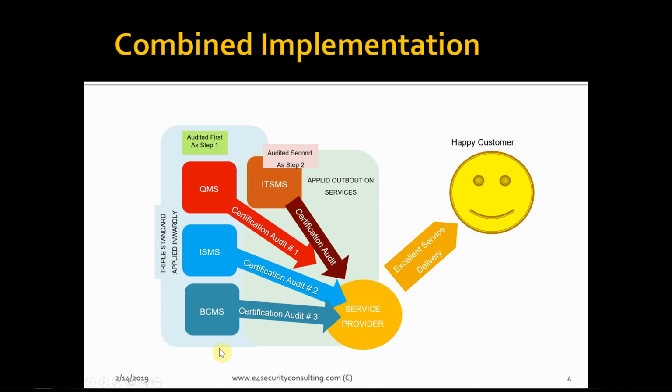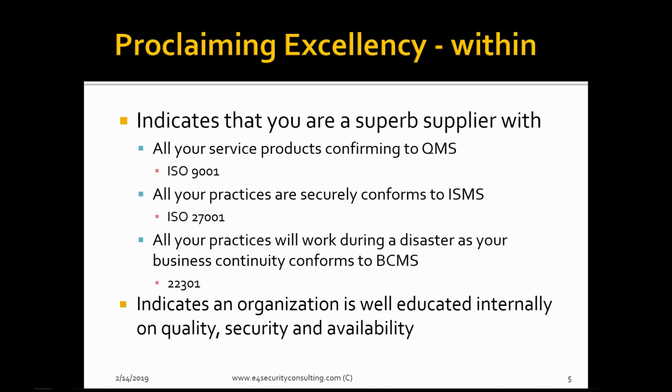And once you combine all these things, what you are proving to your customer is that, hey, we are an excellent service delivery organization, and your customer would be happy to hear that. So you will see customer delight as a result. So let's take an example.